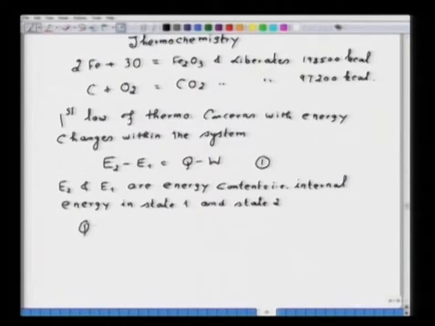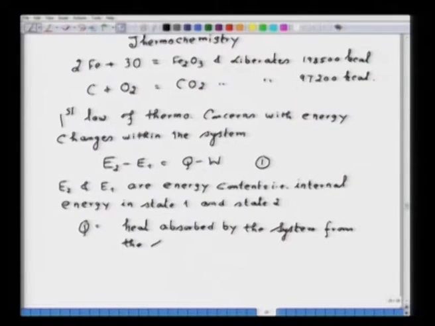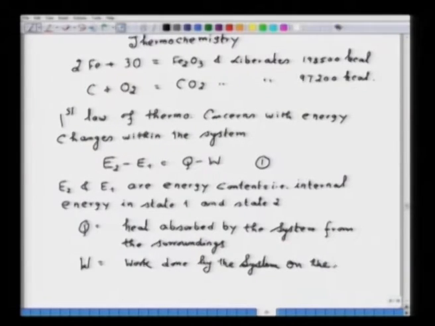Q here is heat absorbed by the system, of course from the surrounding, whereas W is the work done by the system on the surroundings.